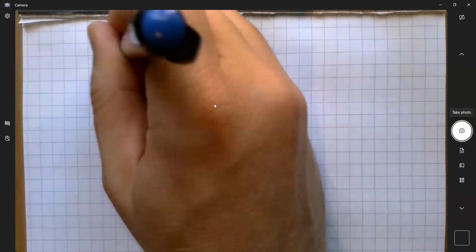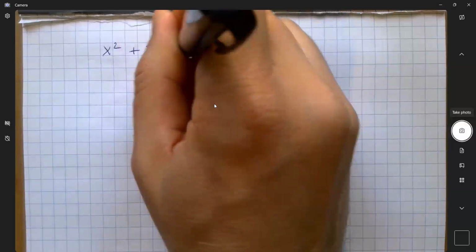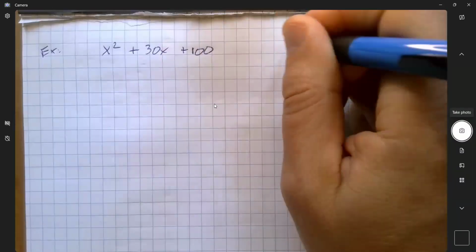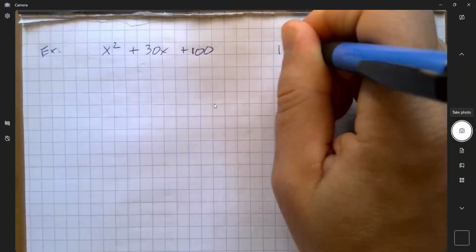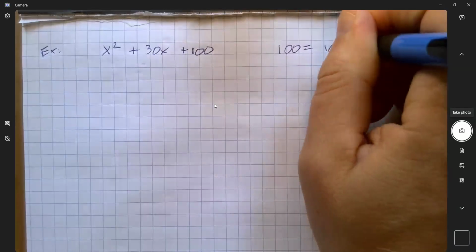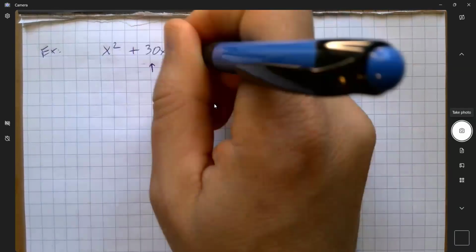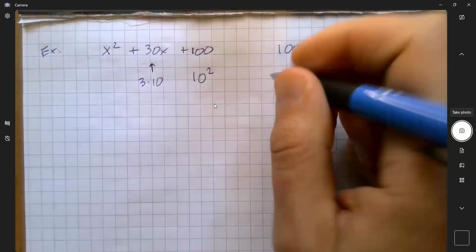Let's do another example. Let's do x squared plus 30x plus 100. And I say, aha, 100 is a square number. It's 10 squared. And so I check and I say, is 30, no, 30 is 3 times 10.